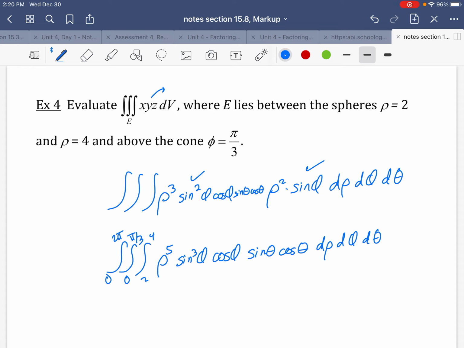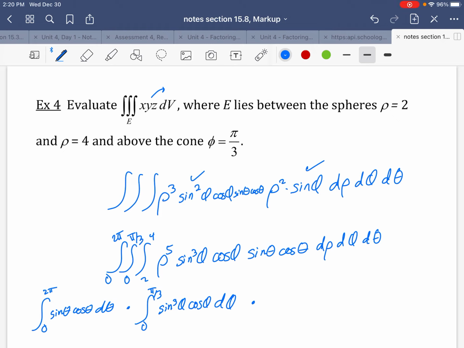So for my rho, or actually let's do theta on the outside, I got 0 to 2 pi. And if I have my theta, so everything with theta is my sine and my cosine, right? So sine theta, cosine theta, d theta. And then my d phi, so my phis are sine to the third phi, cosine phi, d phi, and then 0 to pi over 3.